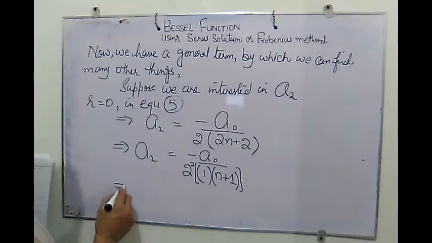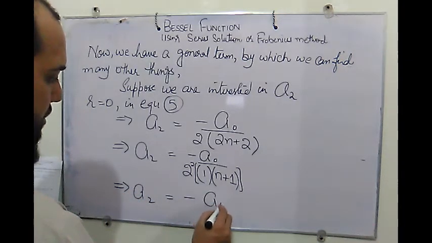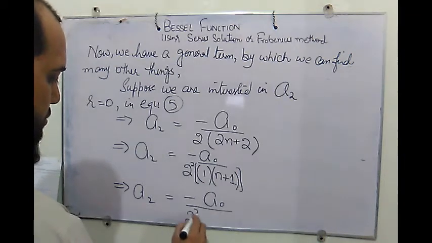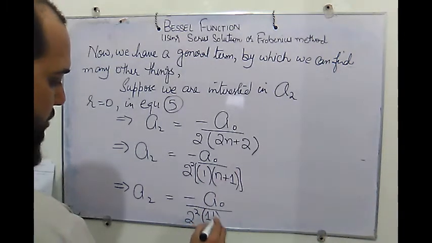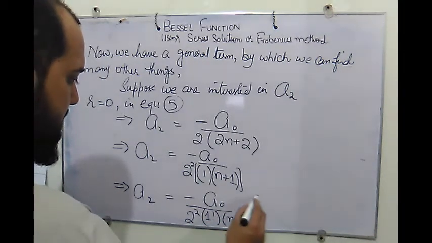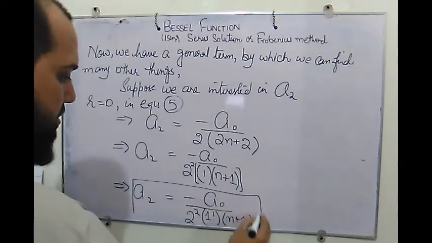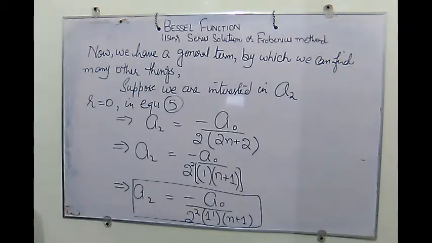We can make it a more general term: a2 is equal to minus a0 upon 2 squared, we can write 1 as 1 factorial, into (n plus 1). So this is the more general term of a2.